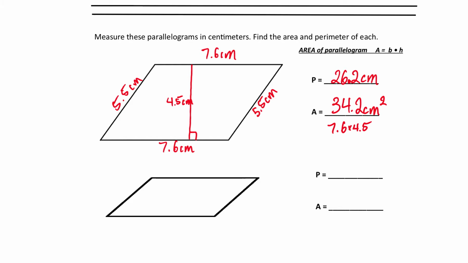All right, good. Let's measure this bottom one down here. So how long is the base on that one? About 6.4 is what it looks like. Okay, and then the side there looks like it's about 3.5.